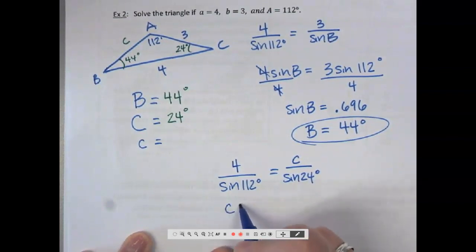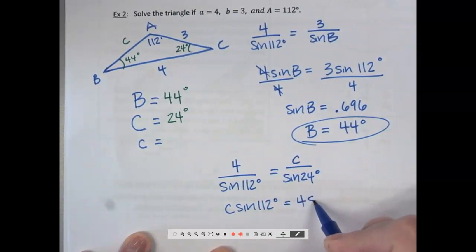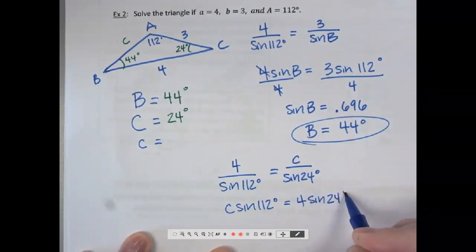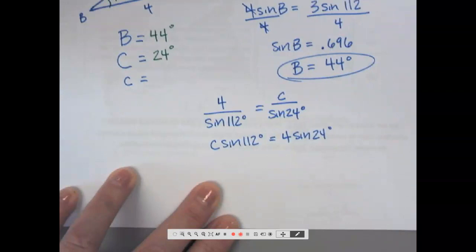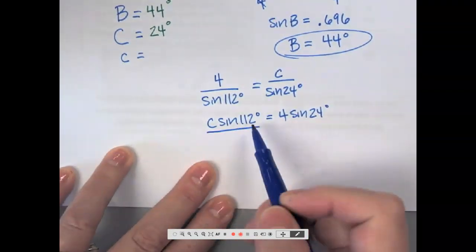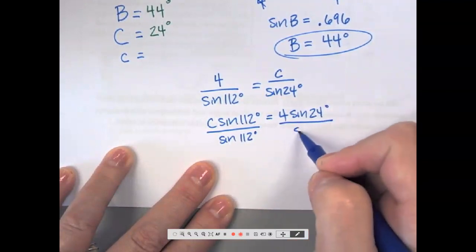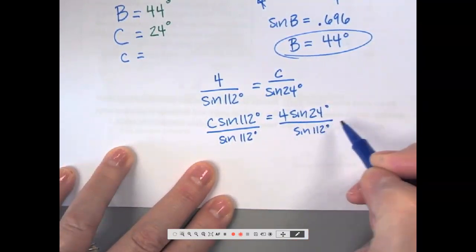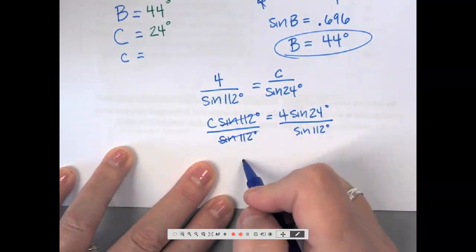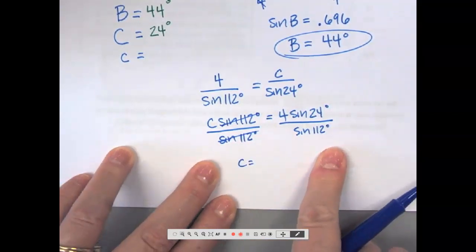And I'm going to cross multiply. What do I divide by? Sine 112. Am I using inverse on this one? No, I know the angles, so I'm just straight up typing that fraction in.